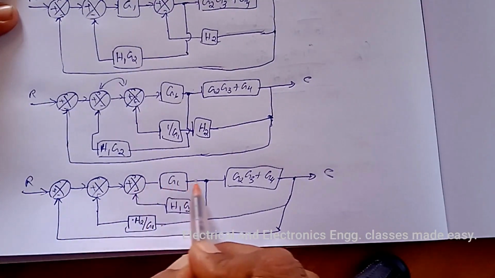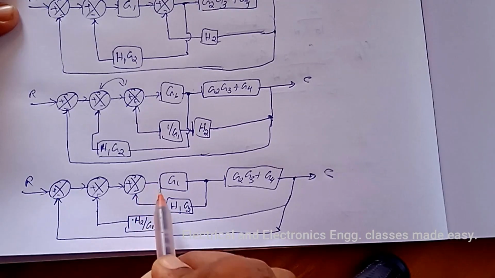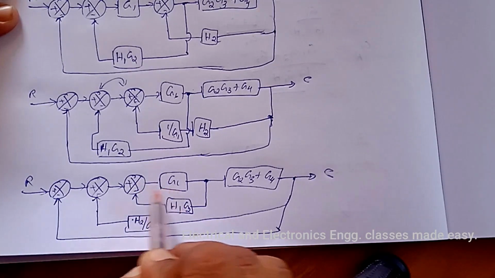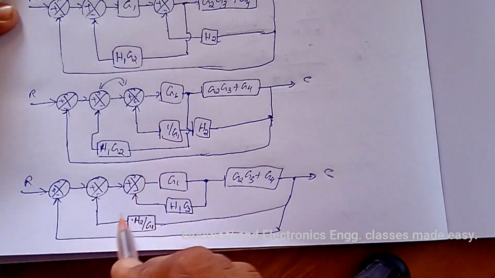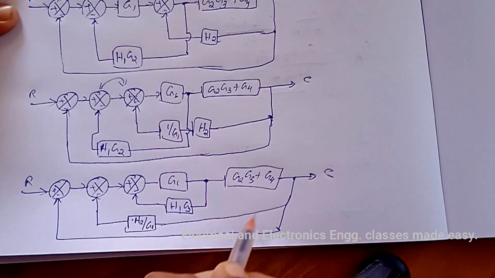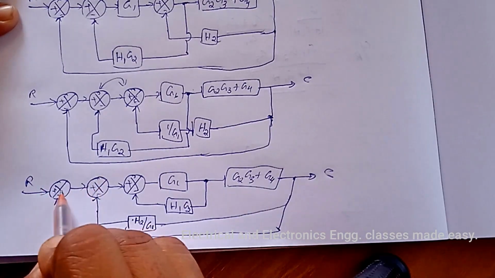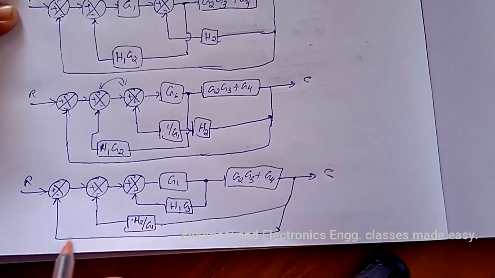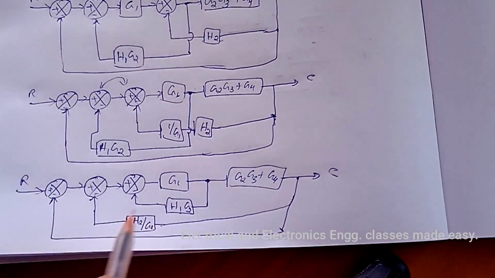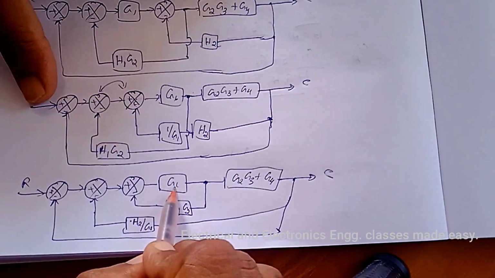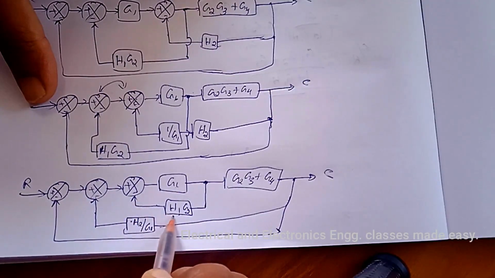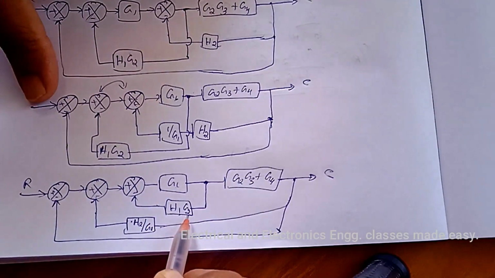Now there is one feedback path here. First of all, eliminate this feedback path. Then after that eliminate this feedback path, and after that eliminate this last feedback path. So while eliminating this feedback path, we get G1 divided by 1 plus G1 H1 G2.